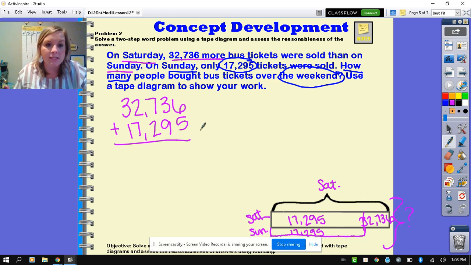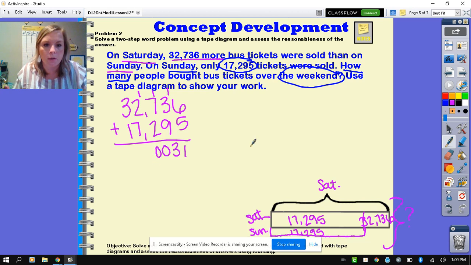Okay, I'm going to start again in my ones column. They're all lined up, so we're good to go. 6 plus 5 is 11. 9 plus 3 is 12, plus 1 is 13. So I'm going to leave my 3, carry my 1. 7 plus 1 is 8, plus 2 is 10. Leave your 0, carry your 1. 7 plus 2 is 9, plus 1 is 10. Oh, there we go.